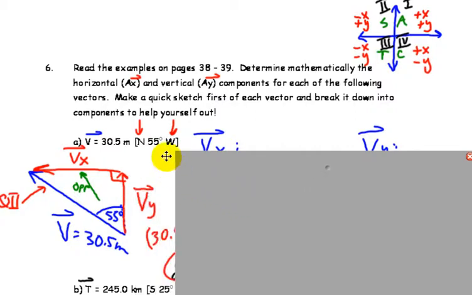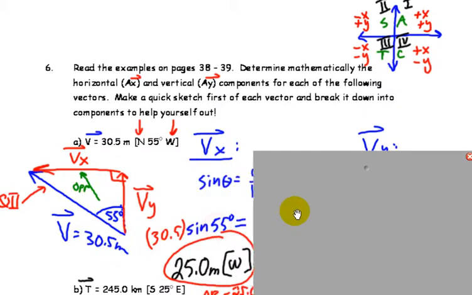Drawing it this way shows which components we're going to look at. This vector is made up of a north vector and a west vector. The north vector is my Vy, or y component vector, and west is the x vector.